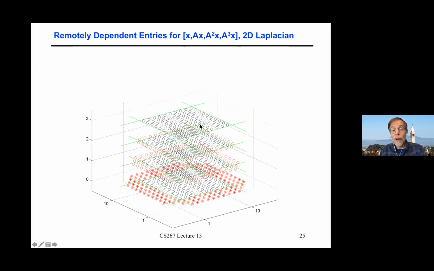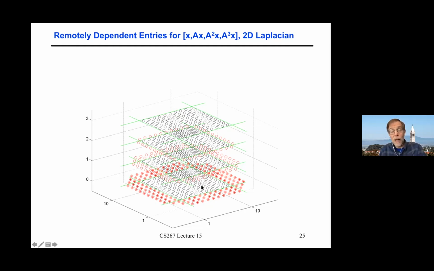So these are these little red circles, which are the immediate neighbors of all of these black dots that I own. And then for the next iteration, I'm going to depend on the nearest neighbors again, 1 more out. So I get 2 on each side. And then finally, at the bottom, I have 3 nearest neighbors going out into each processor that I need to communicate from each of these to the one in the middle.